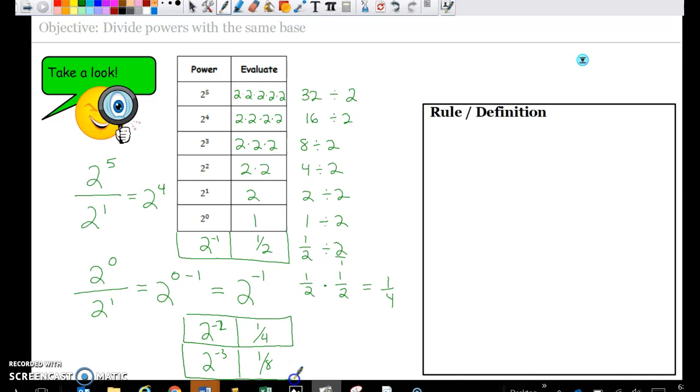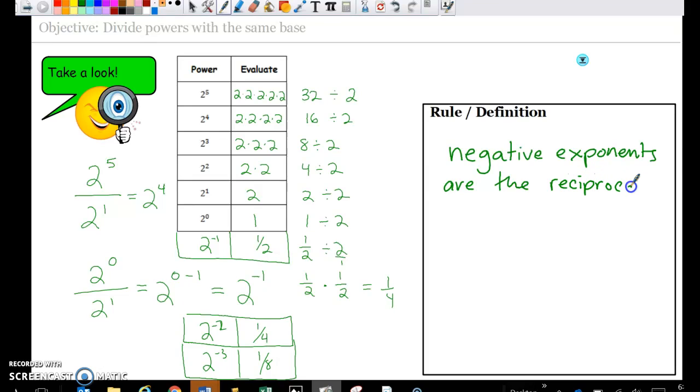So the rule for negative exponents is: negative exponents are the reciprocal of the positive exponent.